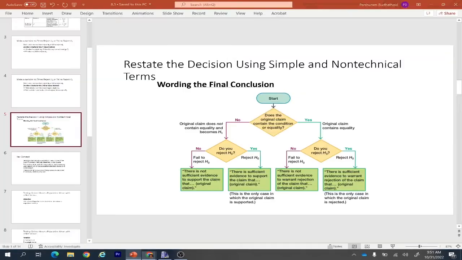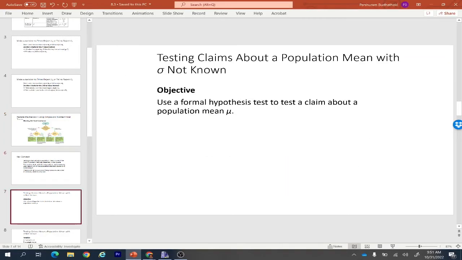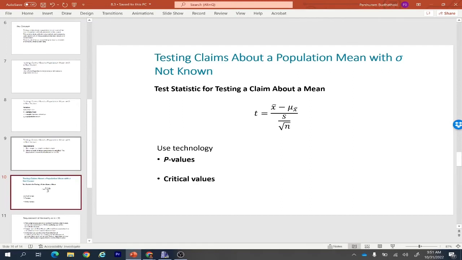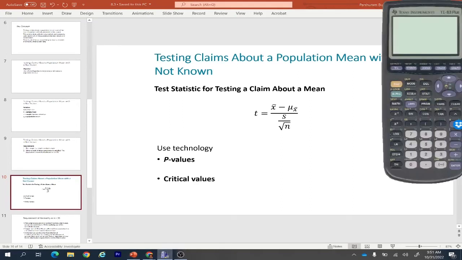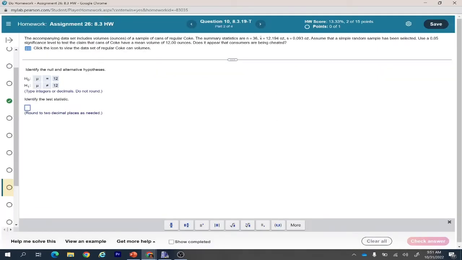For finding the test statistic, you can use this formula manually with your TI-83 or TI-84 calculator: sample mean minus population mean, divided by sample standard deviation divided by square root of n.